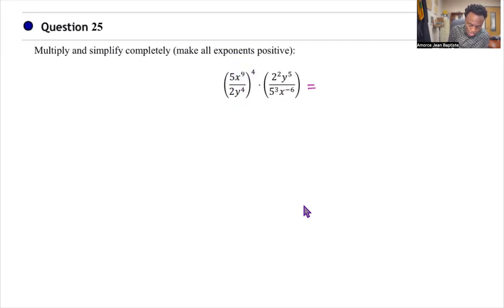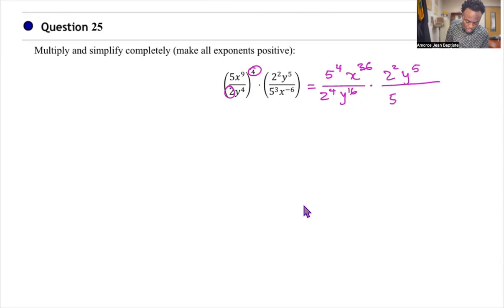So that equals 5 to the 2nd to the 4th, x to the 9 times 4, that's 36, over 4 exponent 2 exponent 4, because the exponent goes on top, goes to everything as long as it's multiplication, and y to the 16th, times, over here we have 2 to the 2nd, y to the 5th, 5 to the 3rd, and x to the -6.